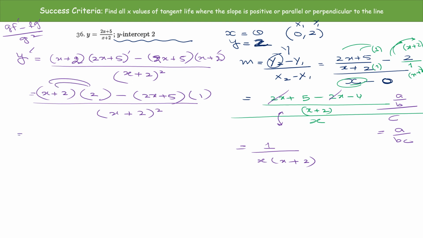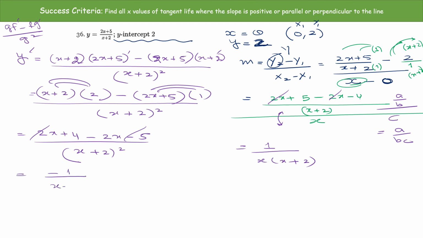Open the bracket, we will get 2x plus 4. Open the bracket with the negative 1, you will get negative 2x negative 5 over (x plus 2) whole square. Now 2x and 2x cancel, and 4 minus 5 gives us minus 1 over (x plus 2) whole square, equals 1 over the slope. This is the slope, 1 over x times (x plus 2).